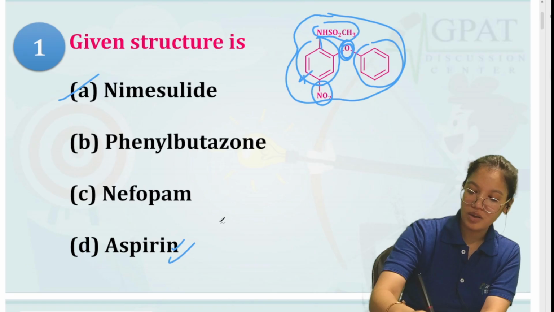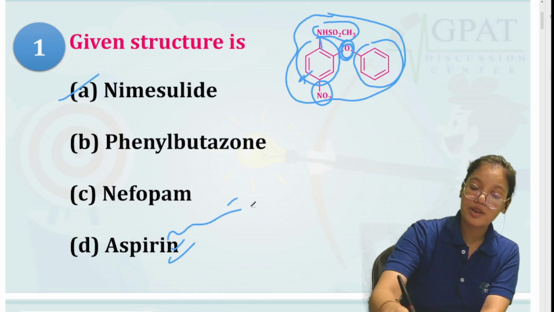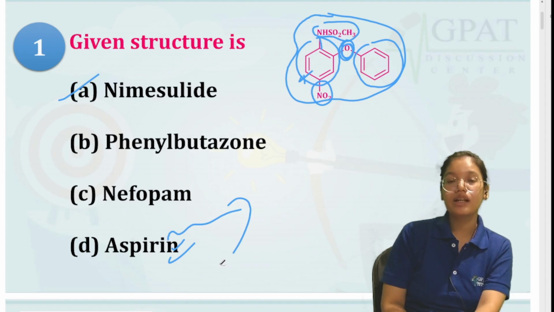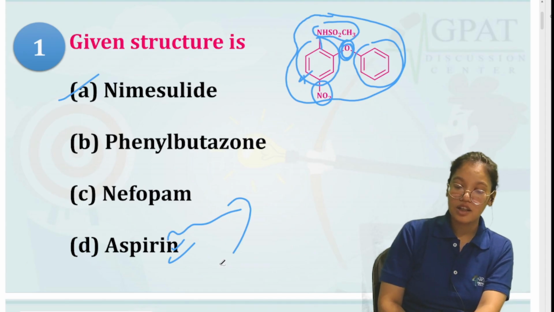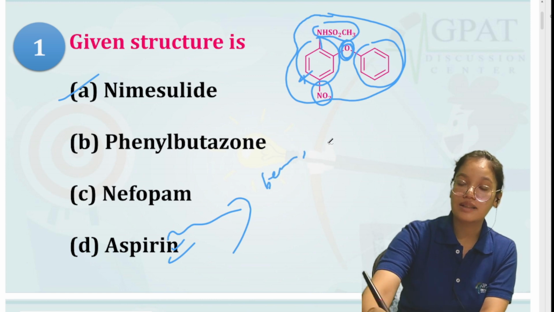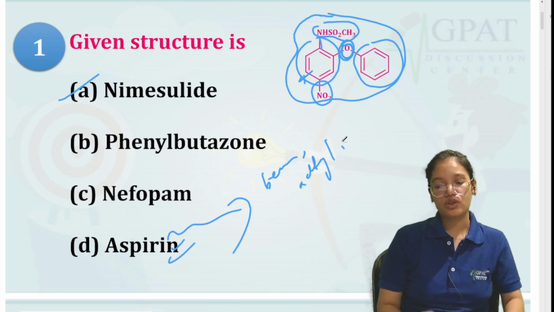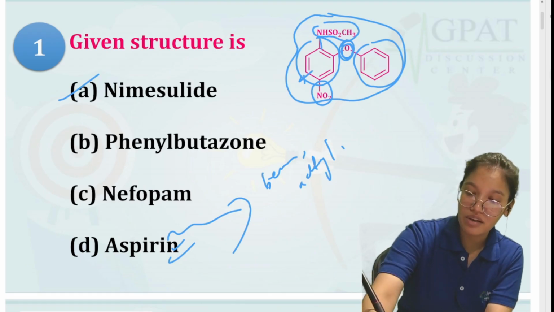Starting with D, aspirin, the common drug we all know, and its common name is acetyl salicylic acid. Acetyl salicylic acid should contain a benzoic acid, and that benzoic acid has an acetyl group in its structure. Does the structure have any of these?